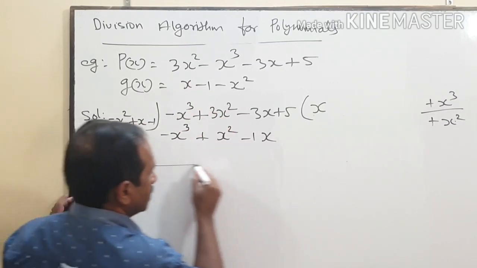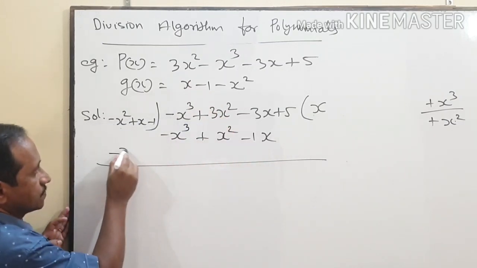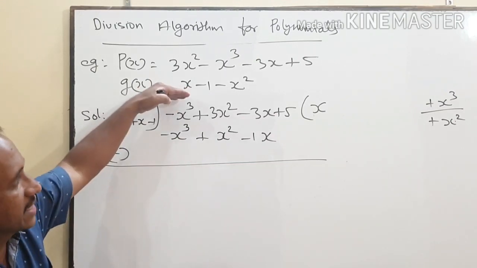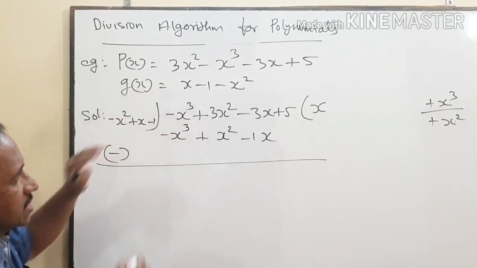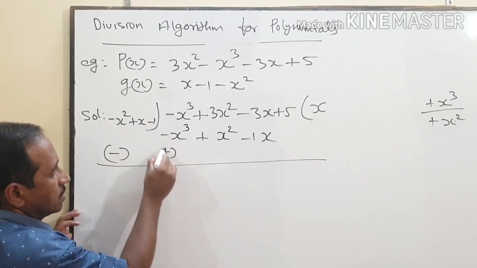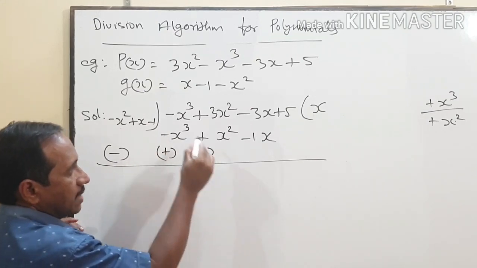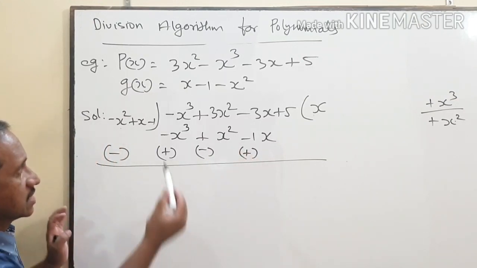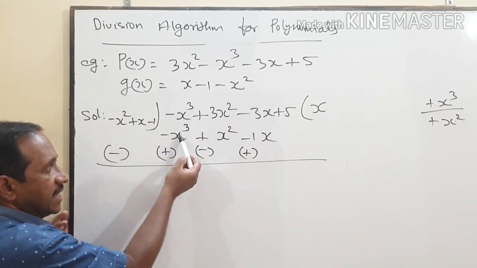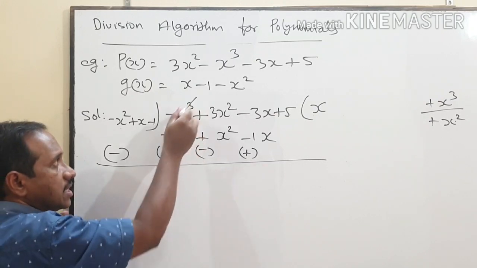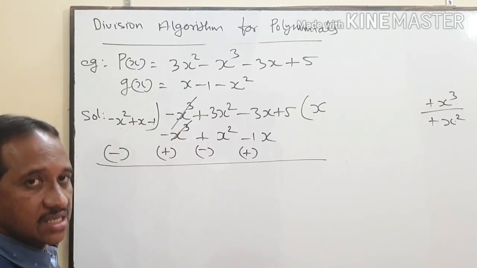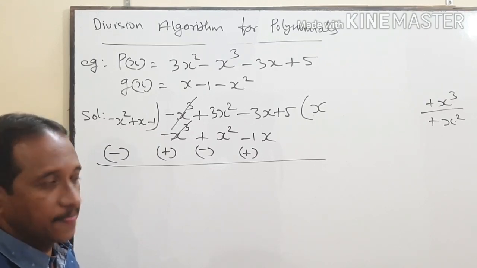The next step is to subtract. While subtracting this expression from the upper expression, definitely the signs will change. Minus will become plus, plus will become minus, and minus will become plus. As a result, minus x cube plus x cube is 0. Generally, whenever you do the division of polynomials, the first terms will get cancelled.